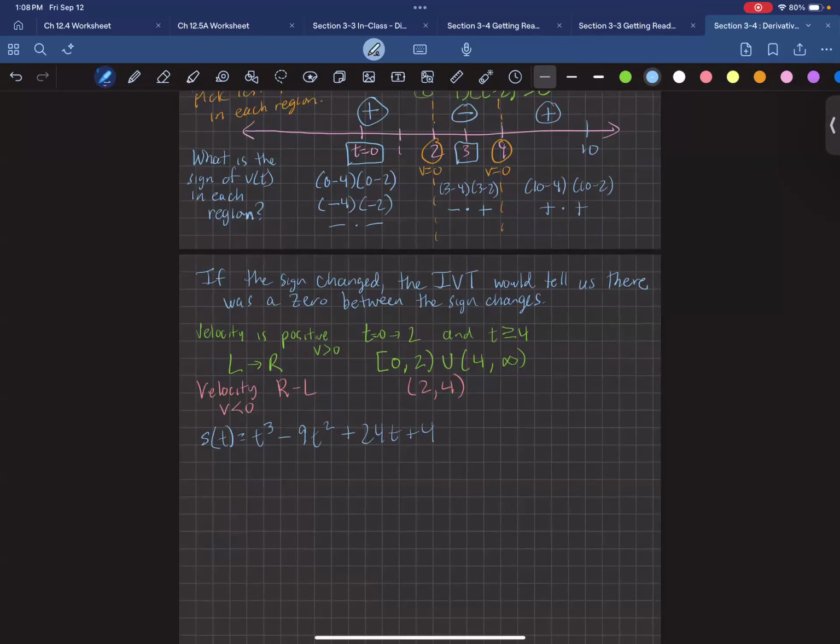I'm going to find its position. To trace its path, I need its position at these points. So position at t equals 0. S of 0 equals 0 cubed minus 9 times 0 squared plus 24 times 0 plus 4. S of 0 equals 4.